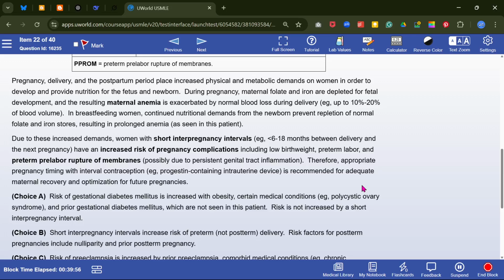Therefore, appropriate pregnancy timing with interval contraception like a progesterone-containing intrauterine device is recommended for adequate maternal recovery and optimization for future pregnancies.